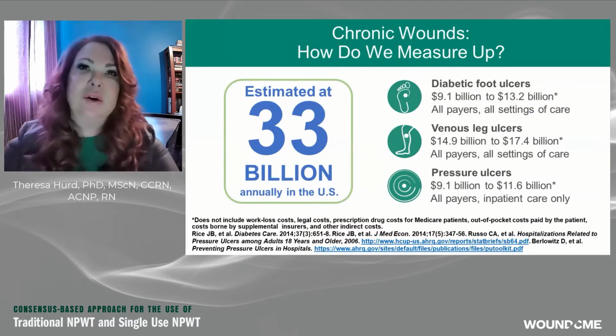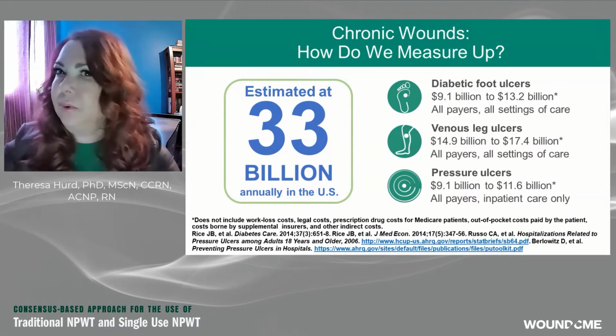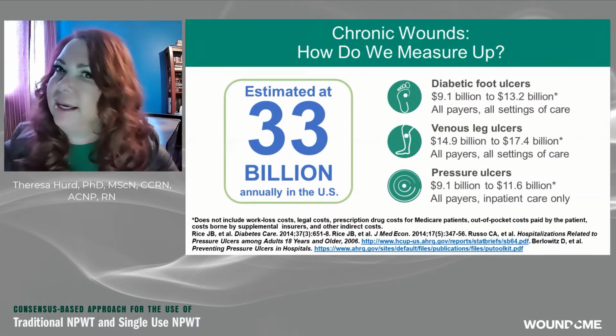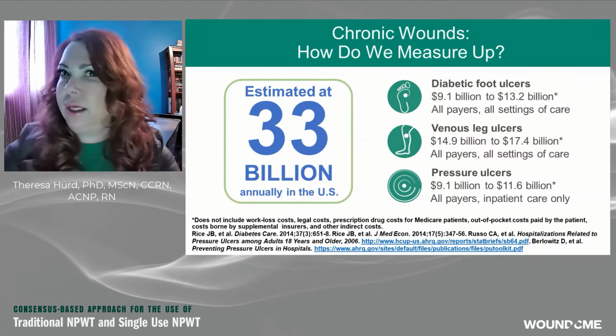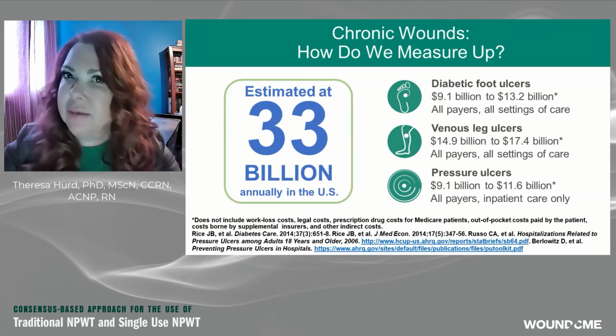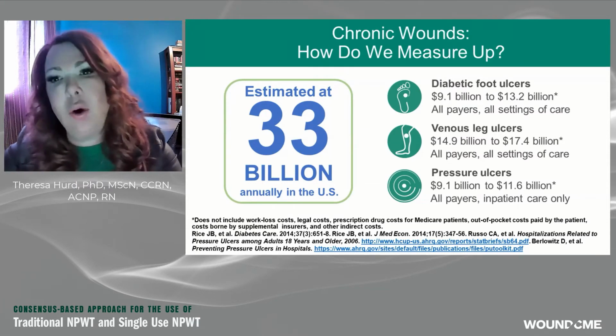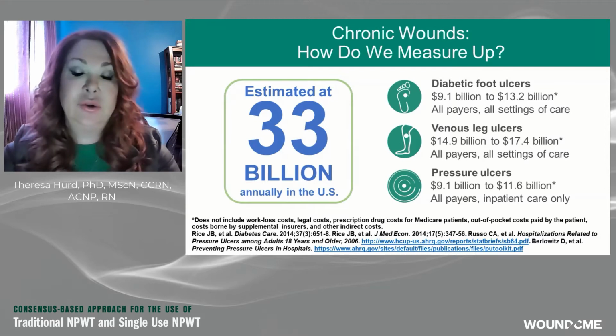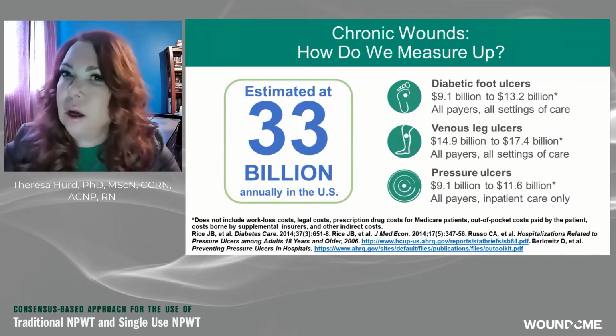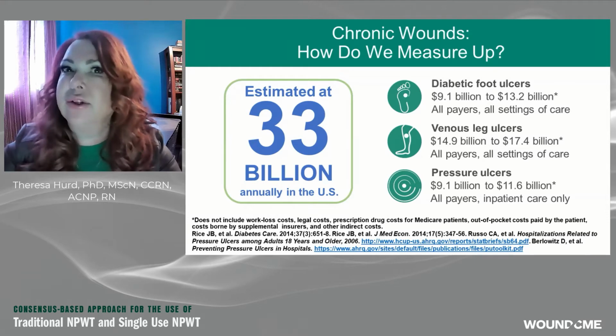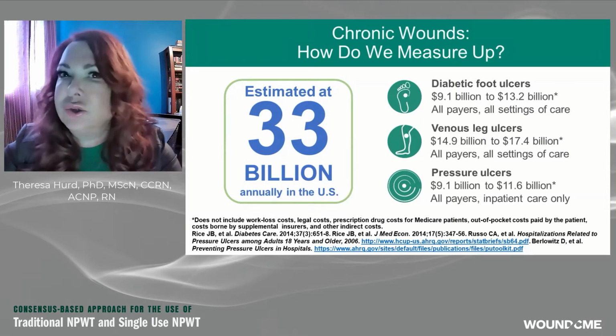So that asks the question, how do we measure up with chronic wounds? How do we take care of them? How are we doing with healing times? How are we doing with treatments? What is the cost to not only the patients, which I talked about in the other slide, but what is the cost to the healthcare system in general, no matter what country you live in?